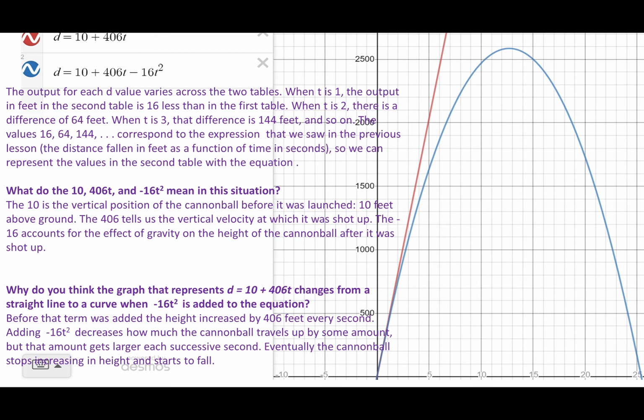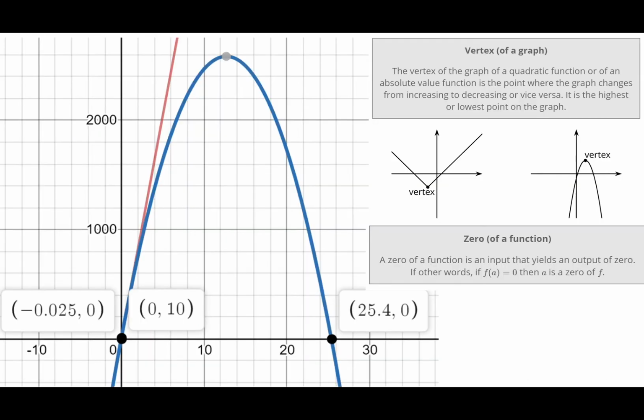Adding negative 16t squared decreases how much the cannonball travels up by some amount, but that amount is getting larger each successive second. So the thing that we're subtracting is larger and larger as t increases. Eventually, the cannonball stops increasing in height and actually starts to fall.